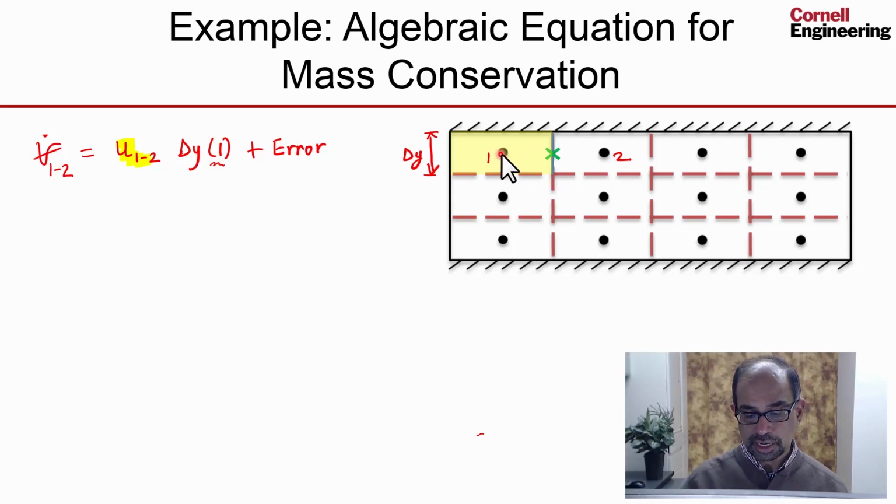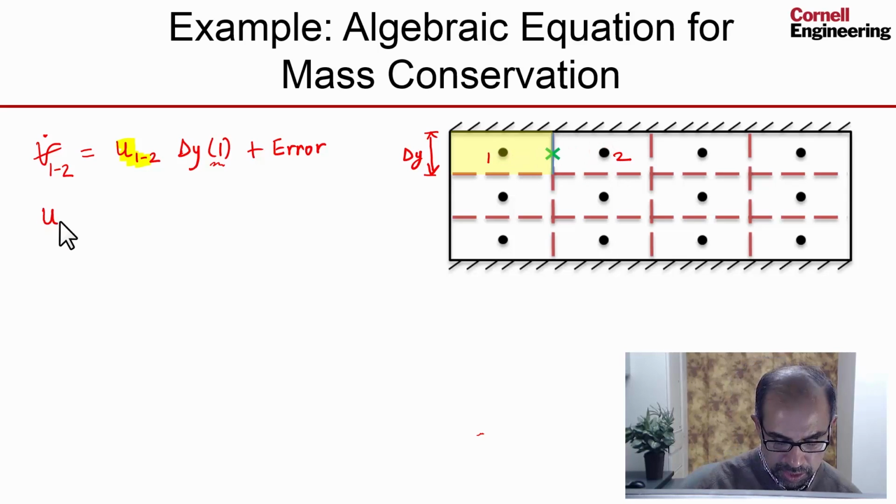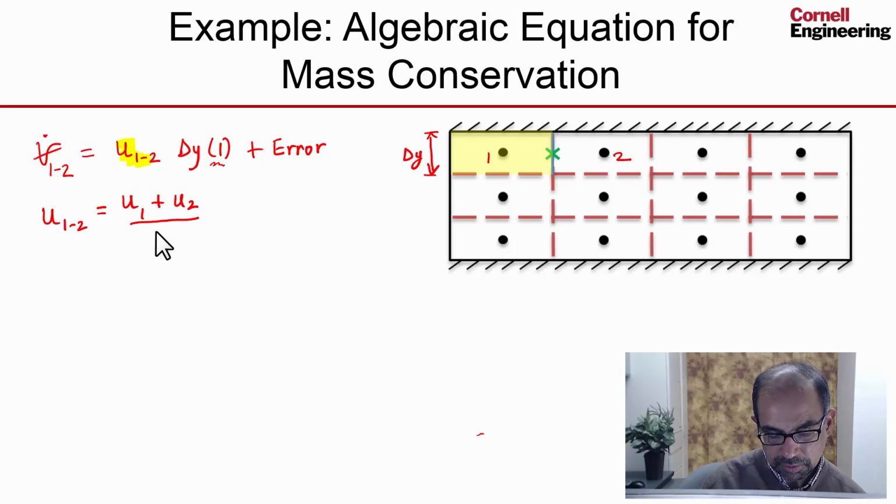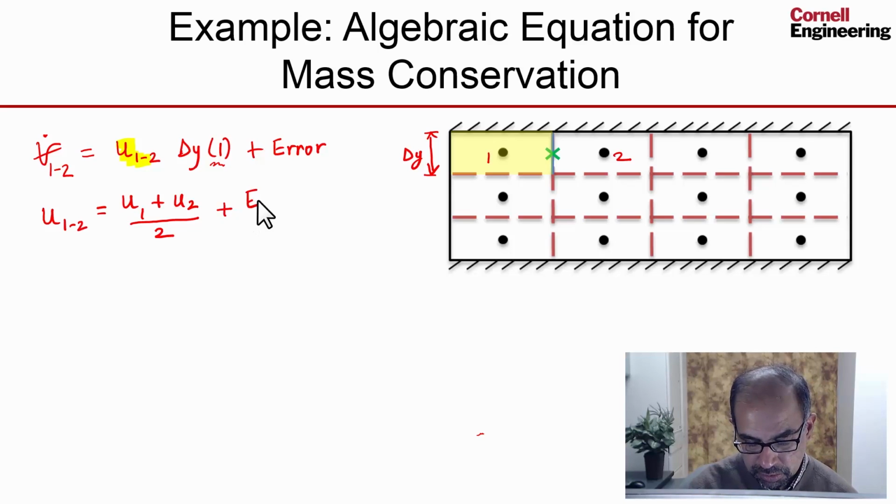So I'm going to use an average between those values, which are values I'm going to calculate directly. So U1-2 I will say is the average, U1 plus U2 divided by 2, and we'll assume uniform grid spacing for simplicity. And in that process we introduce another error. So that's a different error, and there are 2 different errors coming in.